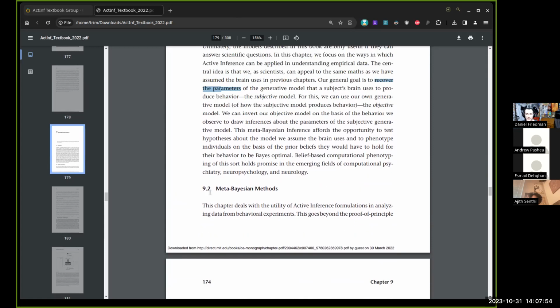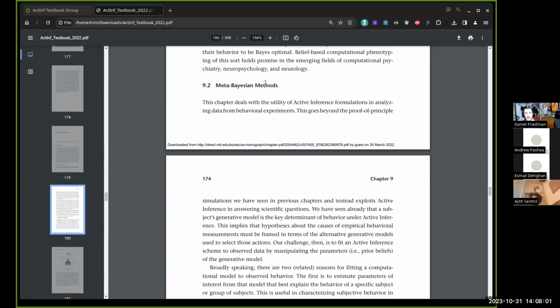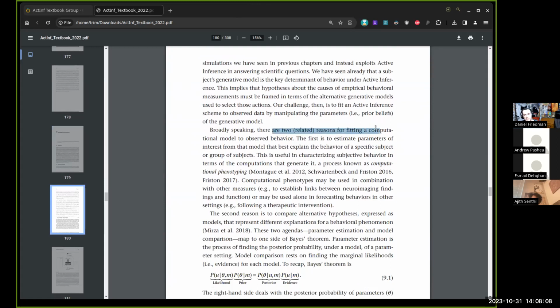Okay, section 9.2 goes into this meta-Bayesian perspective or meta-Bayesian methodology. They bring up 2 related reasons for fitting a computational model to observed behavior. The first is to recover parameters to give an account of a single individual from a broader population, or comparing 2 groups or 2 populations or more against each other.